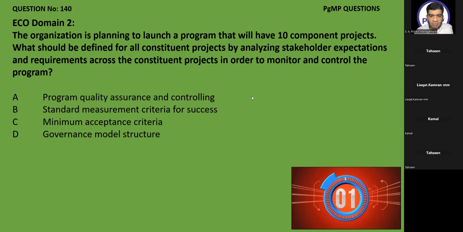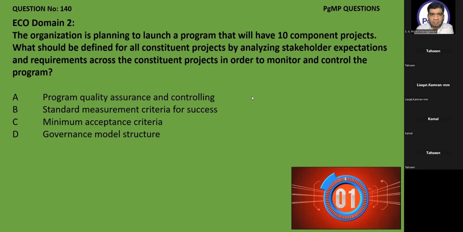Actually, I was deciding between option A and option B, but when I look at the question, it says what should be defined for all constituent projects, which means something which will control all the sub projects of the program, by analyzing stakeholder expectations and requirements in order to monitor and control the program.